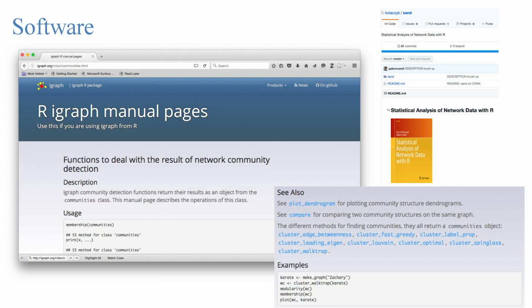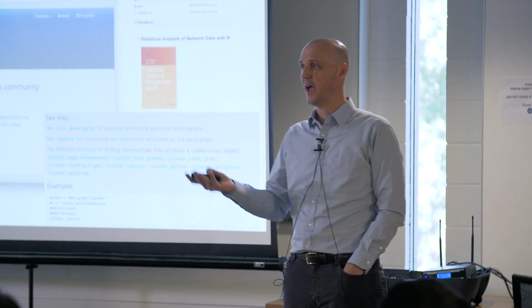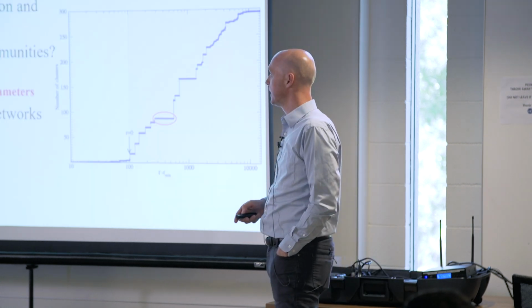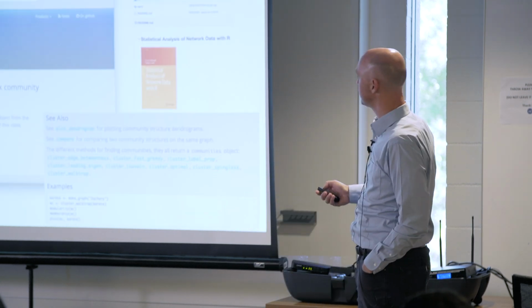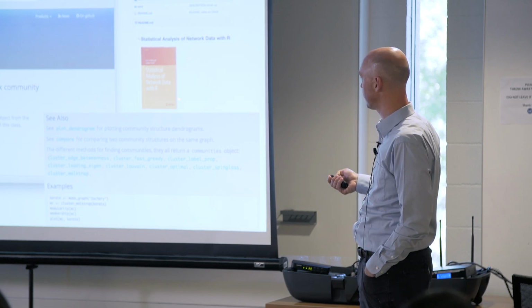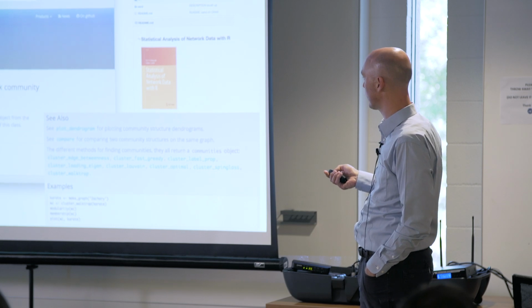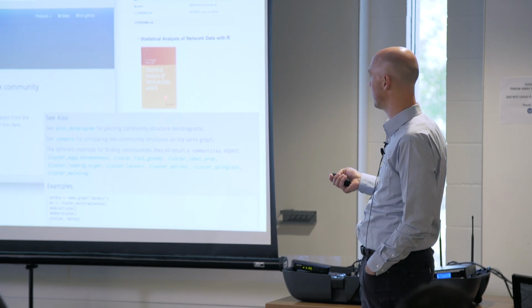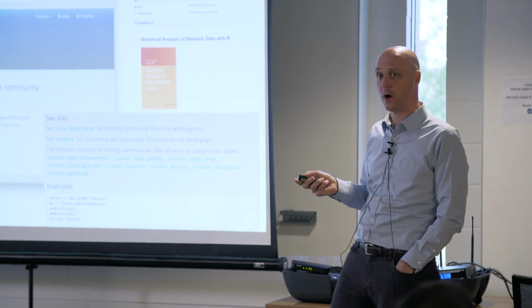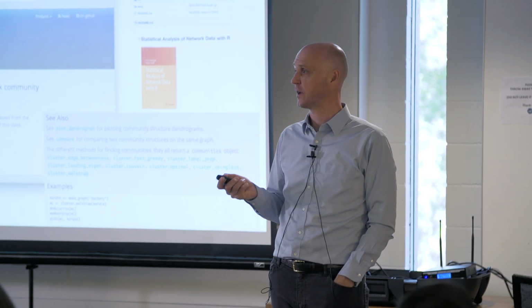And then of course, what we're going to do a lot of, because we're here, is R and iGraph. So we'll at least show you how to do things in R and iGraph. I should say, as maybe an advertisement for one of my favorite books, because I just taught a bunch of first-year undergrads with no prerequisites out of part of this book this last spring: Statistical Analysis of Network Data with R by Eric Kolaczyk and Gábor Csárdi.